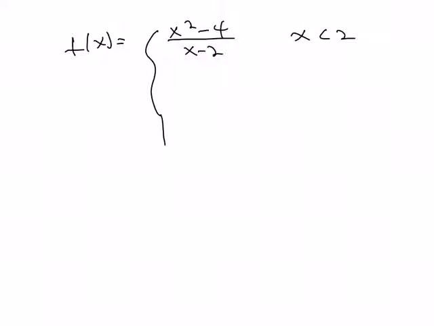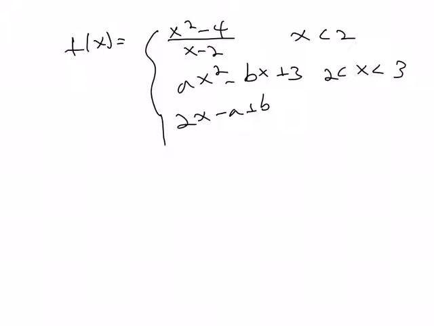Then it's equal to ax squared minus bx plus 3 if x is between 2 and 3, and then it is 2x minus a plus b if x is greater or equal to 3. So we want them to be equal.